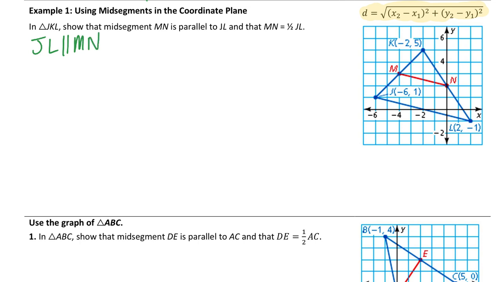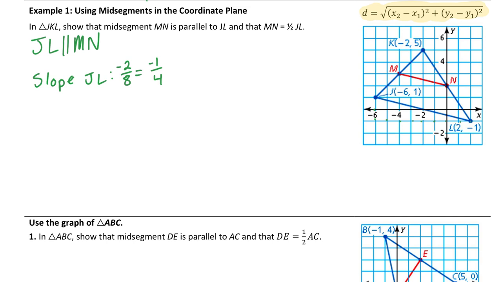To prove that, I've got to find the slope of JL. So the slope of JL, I can just count, or I can use the slope formula. But the slope of JL, I go down 1, 2, right, 1, 2, 3, 4, 5, 6, 7, 8. So down 2, right 8, which gives JL a slope of -1/4.